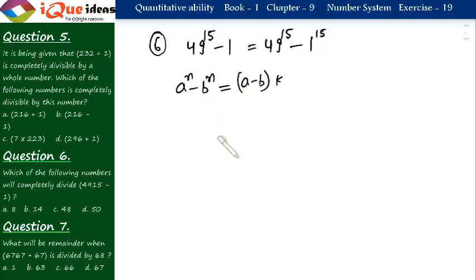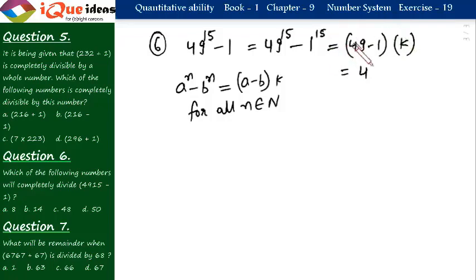This relation is true for all n which are natural numbers or which are whole numbers, right? So 49 raised to 15 minus 1 raised to 15 must be divisible by 49 minus 1 into something. We don't bother about the something part. 49 minus 1 is 48. So one thing is very clear, that this number is definitely divisible by 48.